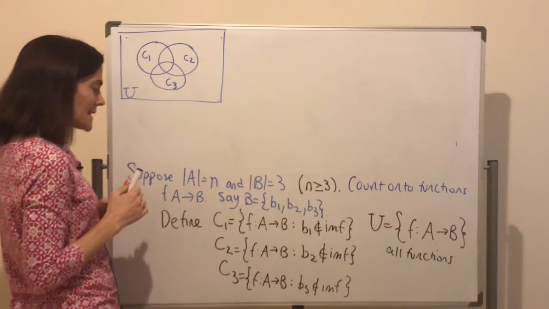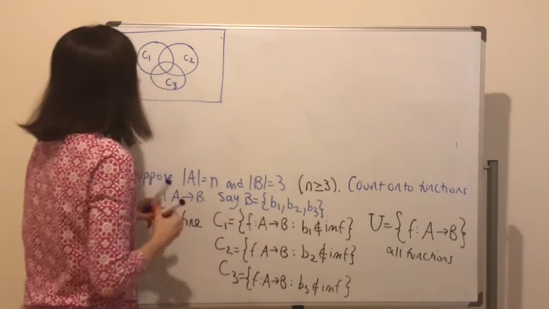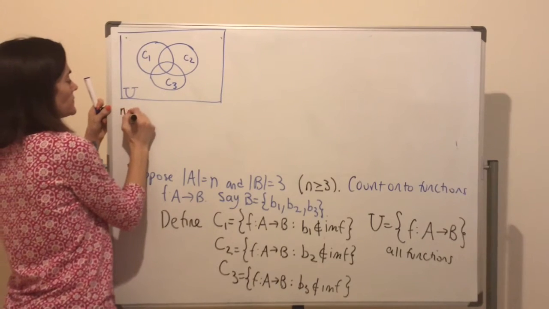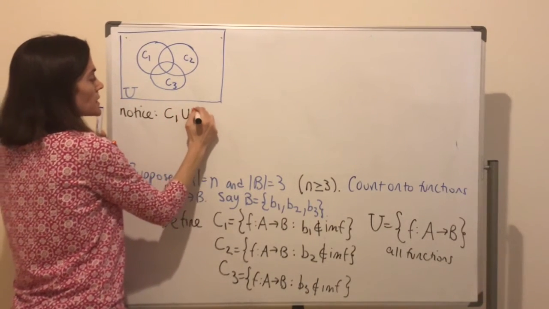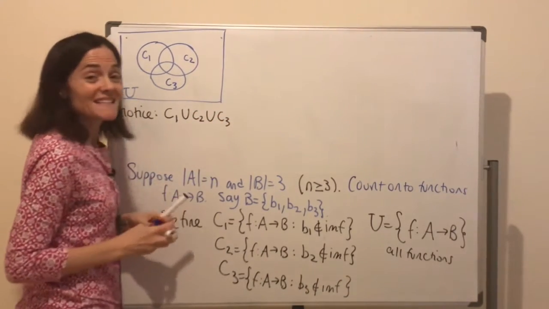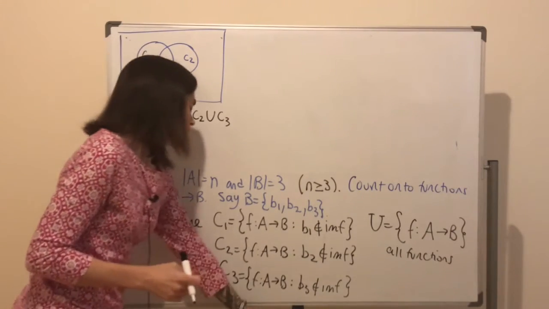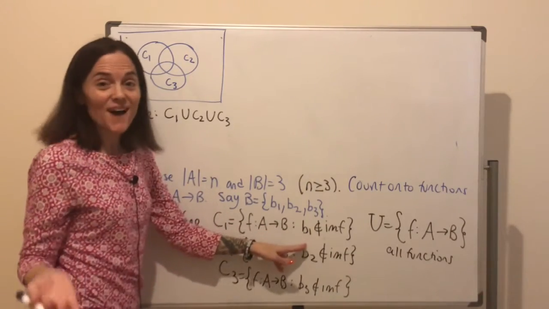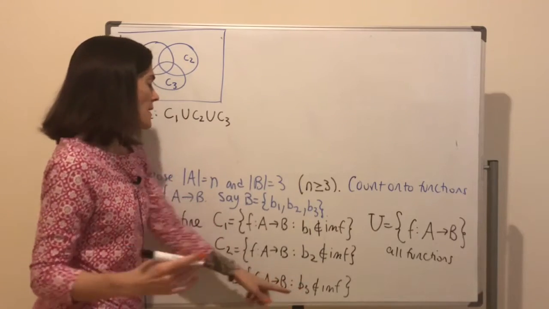Now, we have to make some observations. Notice here, this C1 union C2 union C3. What is this set? Well, this says that either B1 is not in the image, B2 is not in the image, or B3 is not in the image.